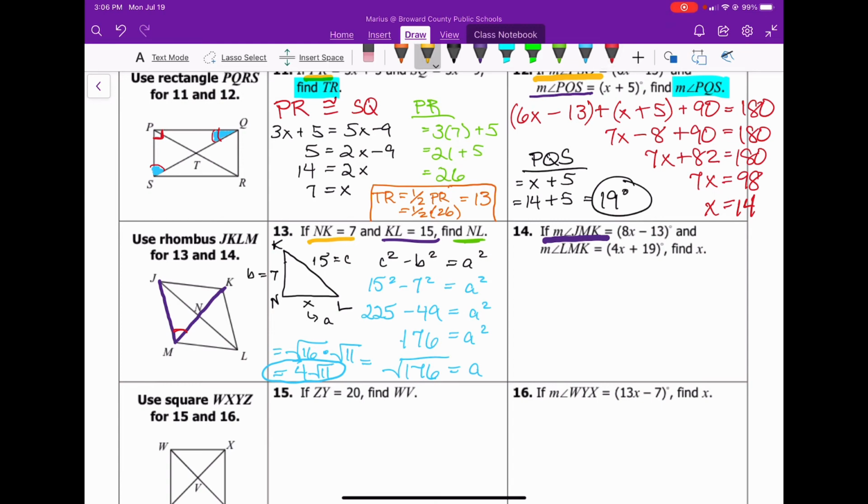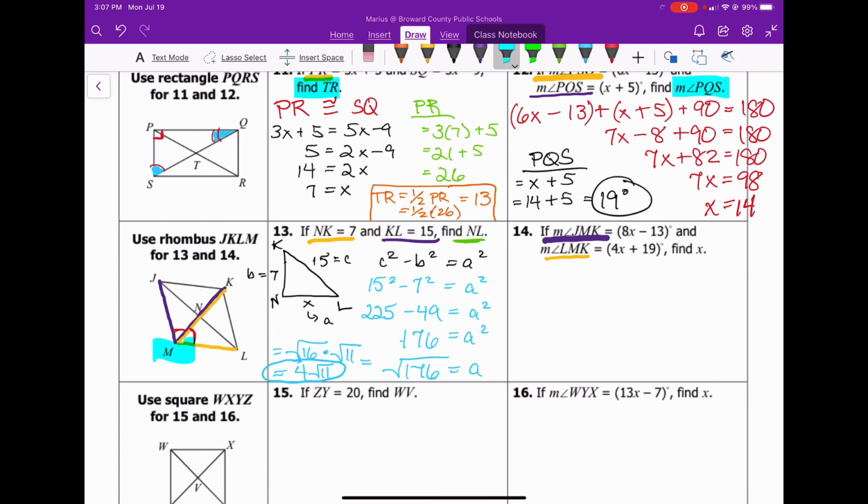And then they're going to tell us something about angle LMK, which, if we're looking at the diagram again, both of those two little angles make up the entire angle M. And we already know that those two smaller angles are equal, because no matter what angle M is, each one of them is half, and halves are equal. They're congruent, okay?